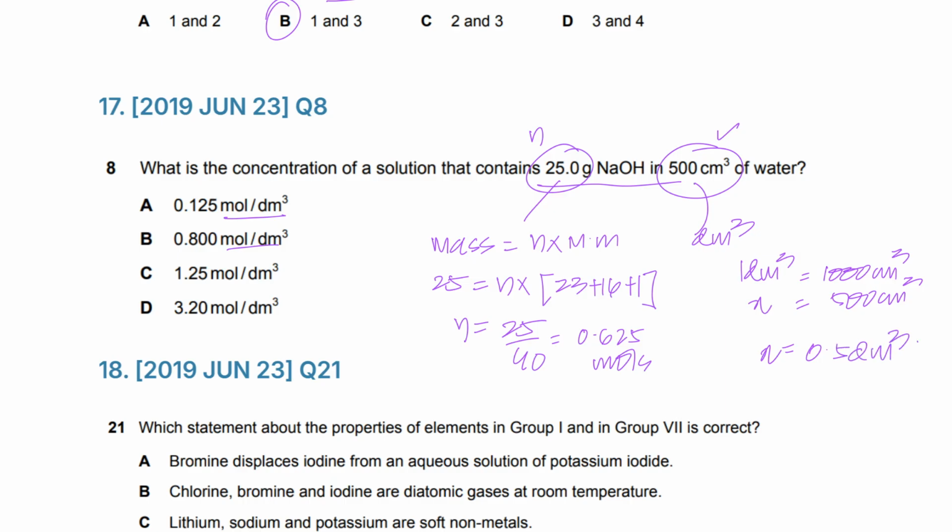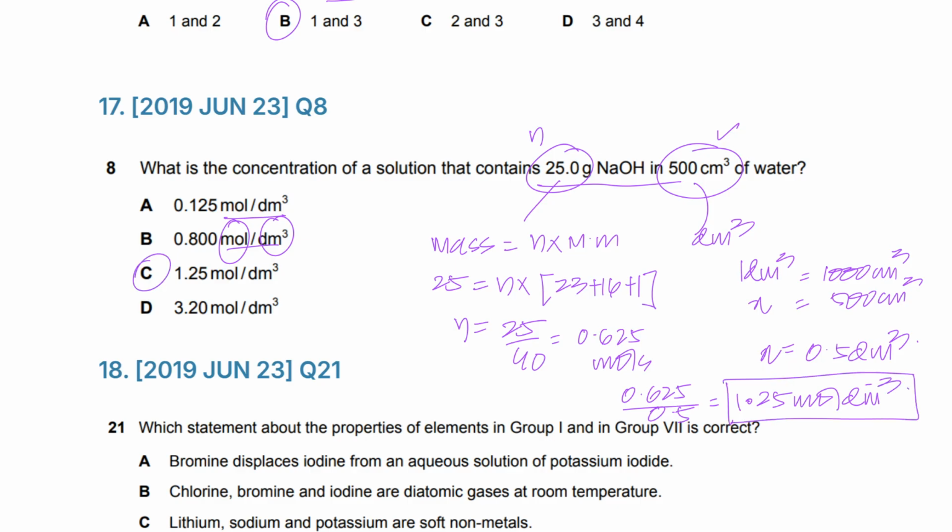So now what do you need to do? You need moles divided by volume, mole per dm cube. So 0.625 moles divided by the volume, which is 0.5. Or you could use the formula n is equal to cV and calculate concentration. That gives me 1.5 mole per dm cube.